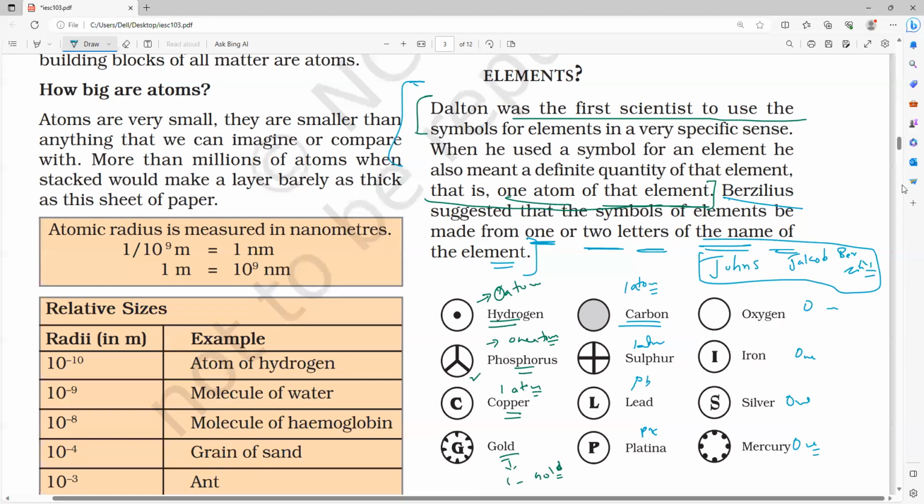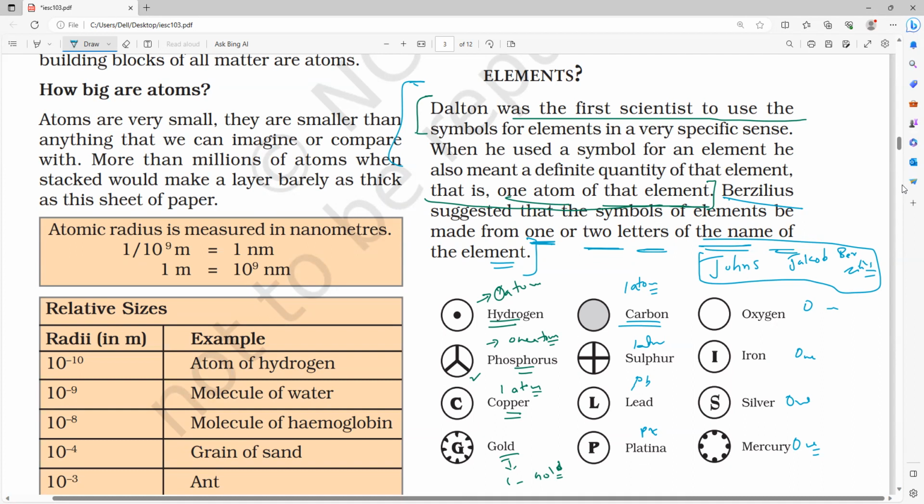So he suggested that elements can be symbolized by using one or two letters from the name of the element. Again, a problem: name of the element means which name? English name, Arabic name, or some other name. That is the first thing. Do you understand, everybody?